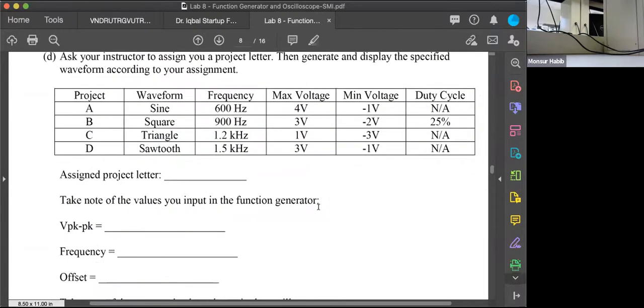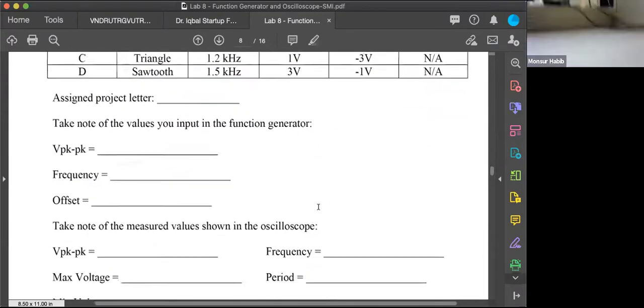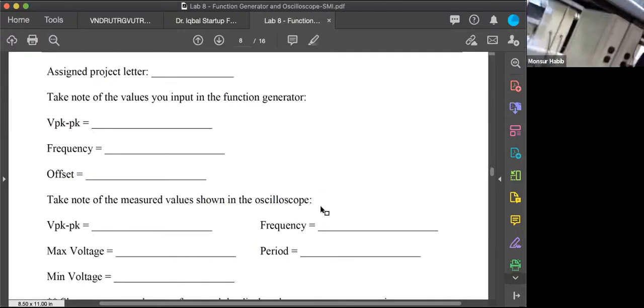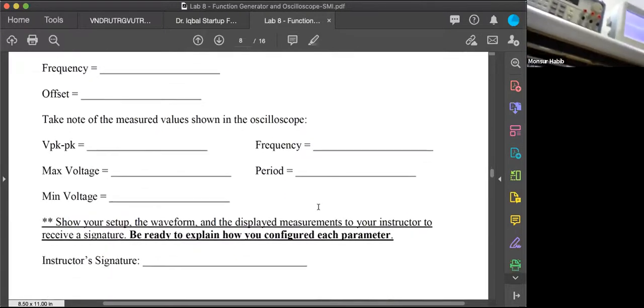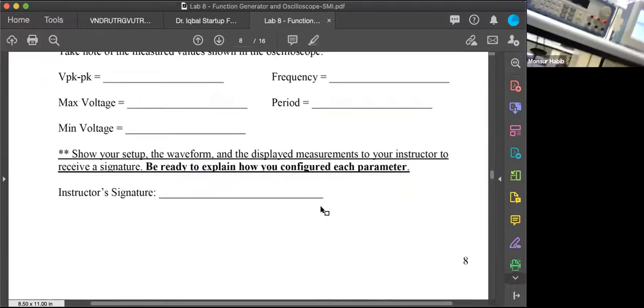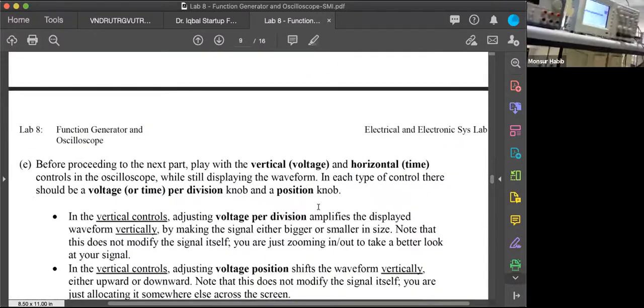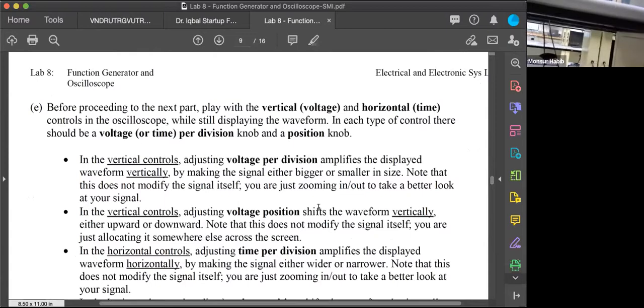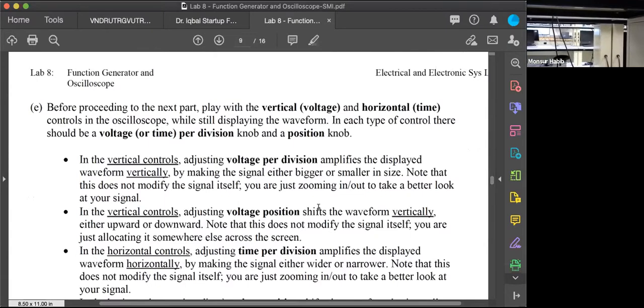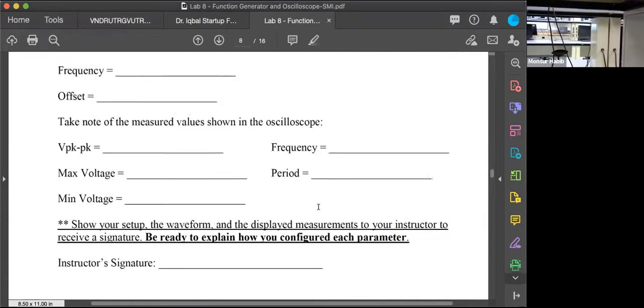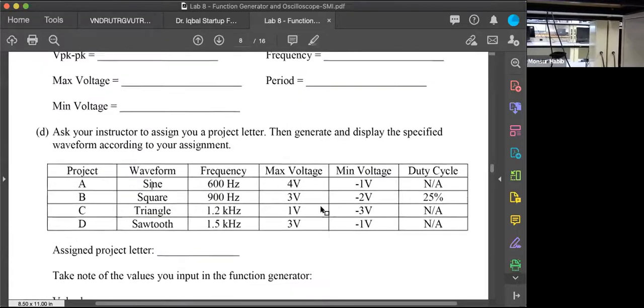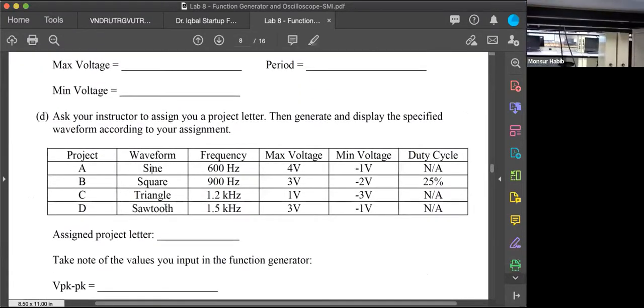Up till now, we are using just the function generator and the oscilloscope, so you essentially get what you are inputting. Now, here's the thing. We are not doing it that way. We want you to do A, B, C, D, all 4 of those on that virtual oscilloscope.